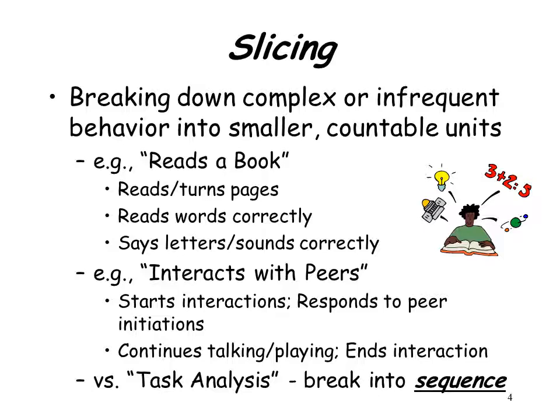So starts an interaction might be defined as the student approaches a peer and either asks a question or invites the peer to play or something like that. Responds to a peer's initiation might be that when a peer makes a request or gives an invitation, the student that we're observing responds by either appropriately accepting or declining the invitation.